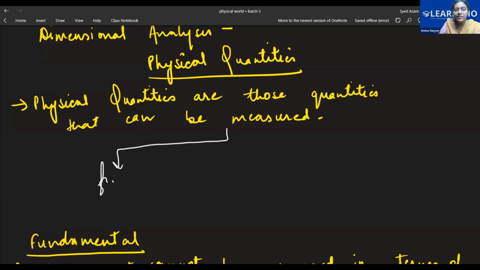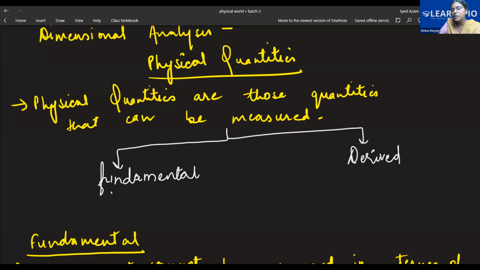One is the fundamental group. Right now, no need to write anything; I'll give you time to copy. This is the fundamental group, and there is a derived group. What is the meaning of fundamental? Fundamental means something that is innate, intrinsic in nature, something already existing that does not have any formula of its own.